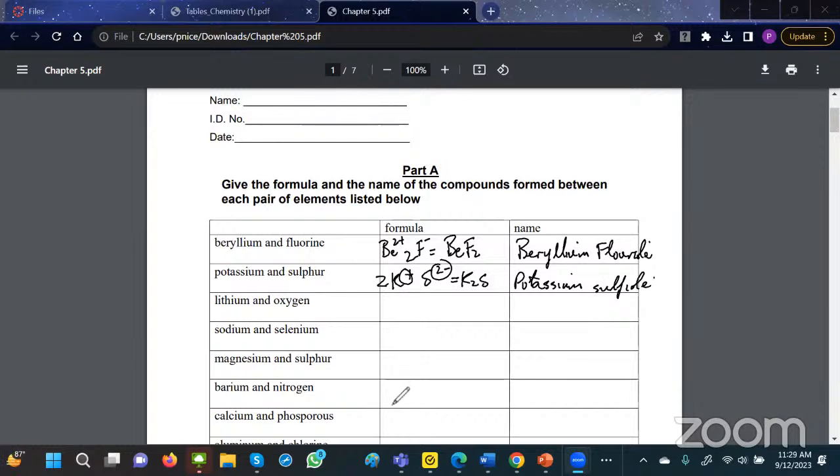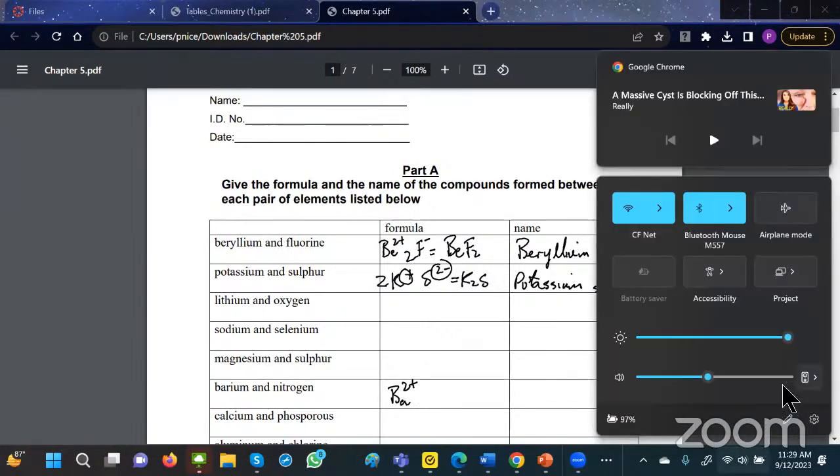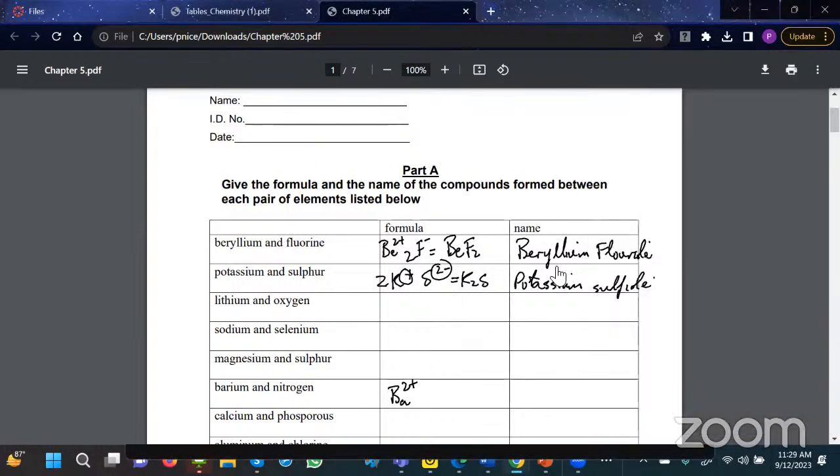Ba plus 2, or 2 plus, doesn't matter how you do it. And what would be the formula for the nitride ion? N minus 3, or N3 minus, same thing.